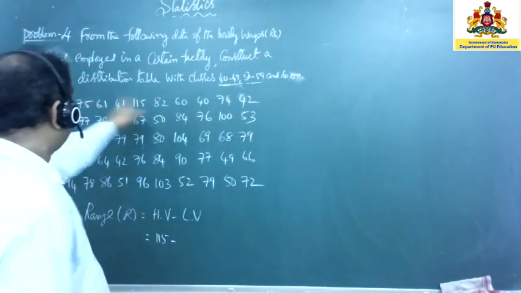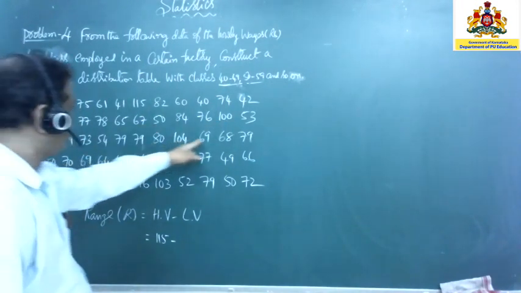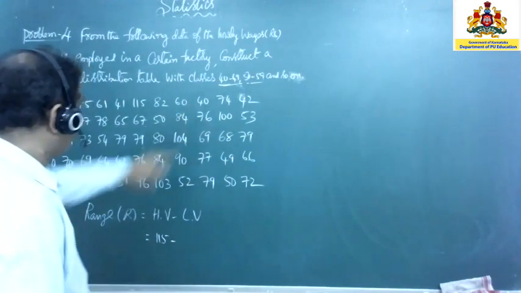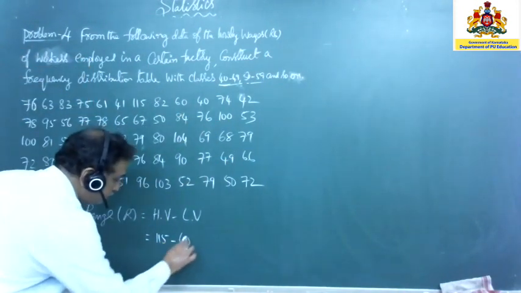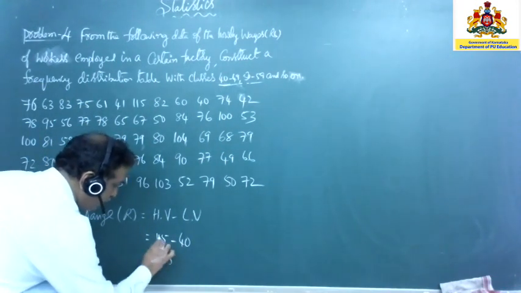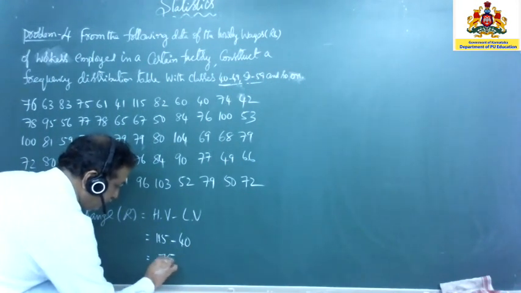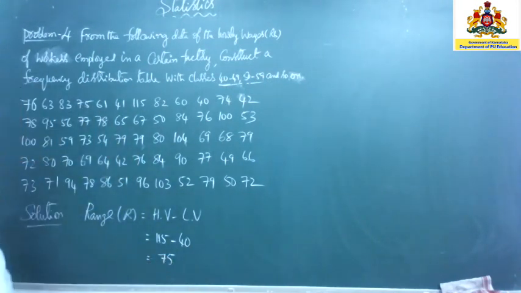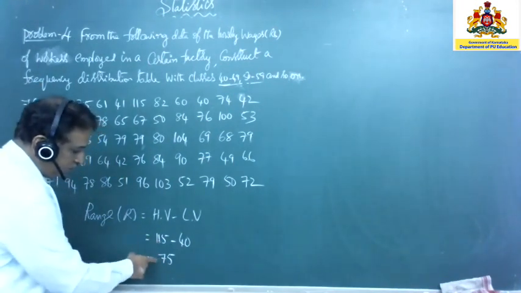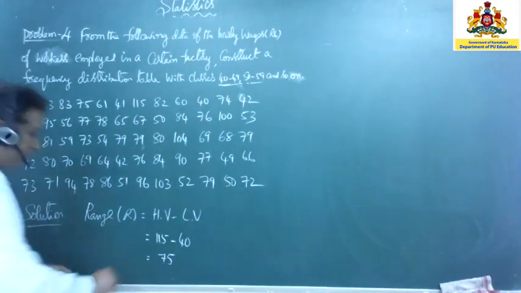See if any 30s values are there. 40 is the lowest value. 115 minus 40 is 75. That is the range.